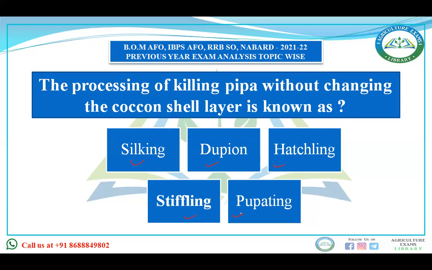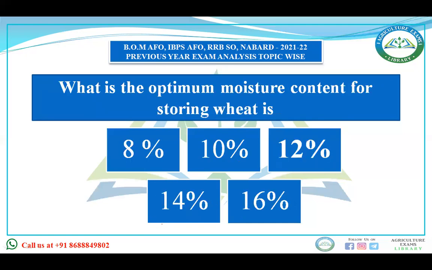Reeling cocoons are subjected to a process called stifling, which means first there will be stifling, then there will be reeling. Stifling is done for killing the pupa inside without affecting the silk around the cell. It is done by sun drying or hot air, or by steam, all these things. The right answer to this question is stifling.